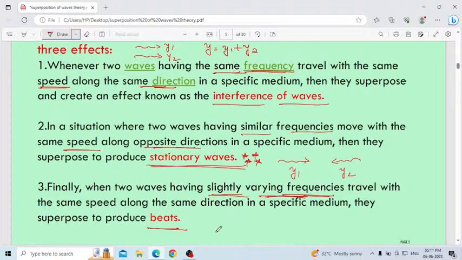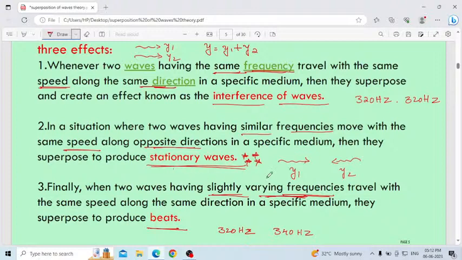Maybe one wave's frequency is 320 hertz, another may be 340, like that. A slight difference. But in the case of interference, the frequency is exactly the same. If one wave is 320 hertz, the other wave is also 320 hertz. These two are very important. That one you have to remember.